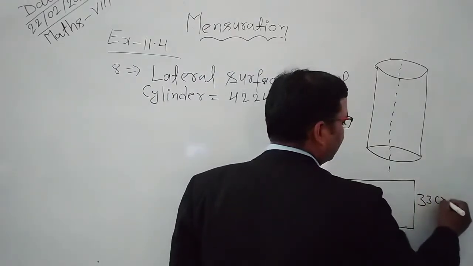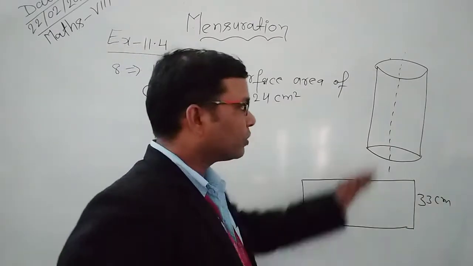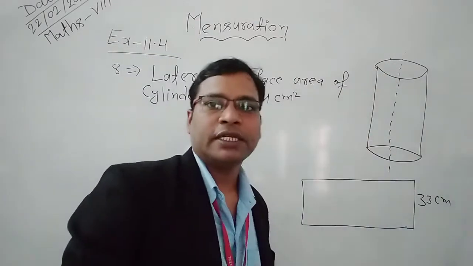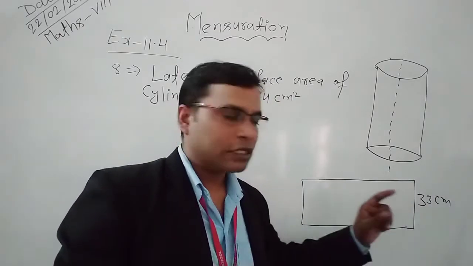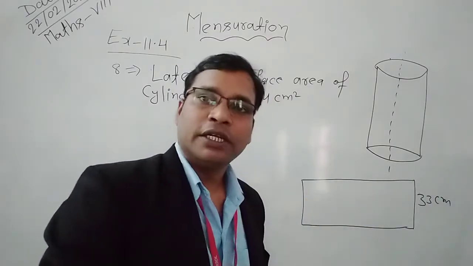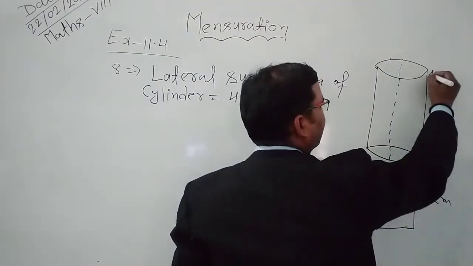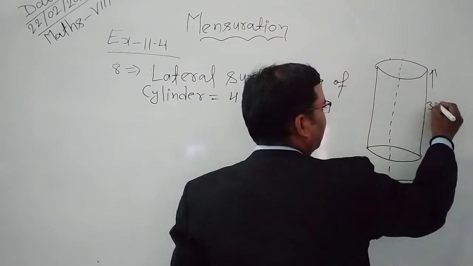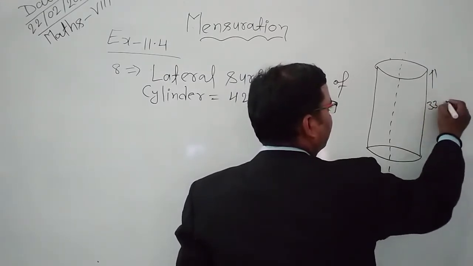This is its width. So if we cut it along its height, this is the width. It means that the height of the cylinder is also 33 centimeters. So you can write here the height of cylinder is equal to 33 centimeter.